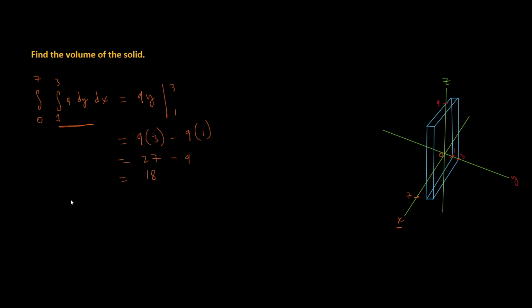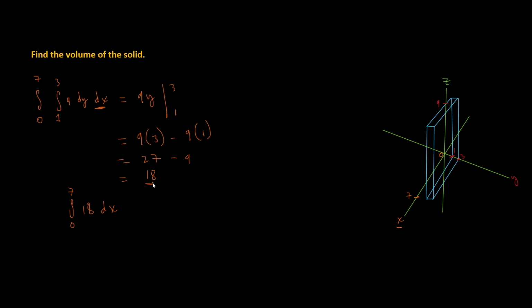So now we're going to integrate with respect to dx, okay? We have 7 and 0 at the bottom. All right, so with respect to dx, okay, we're doing the outer part.